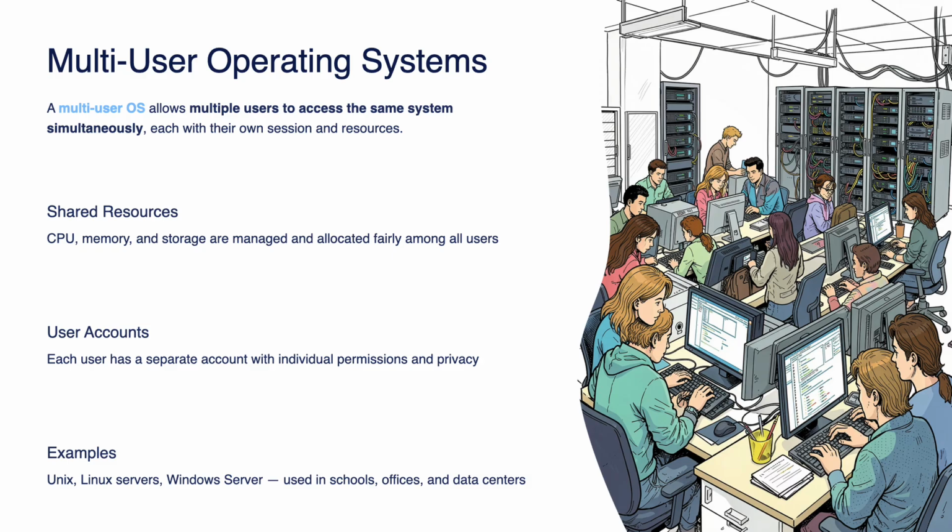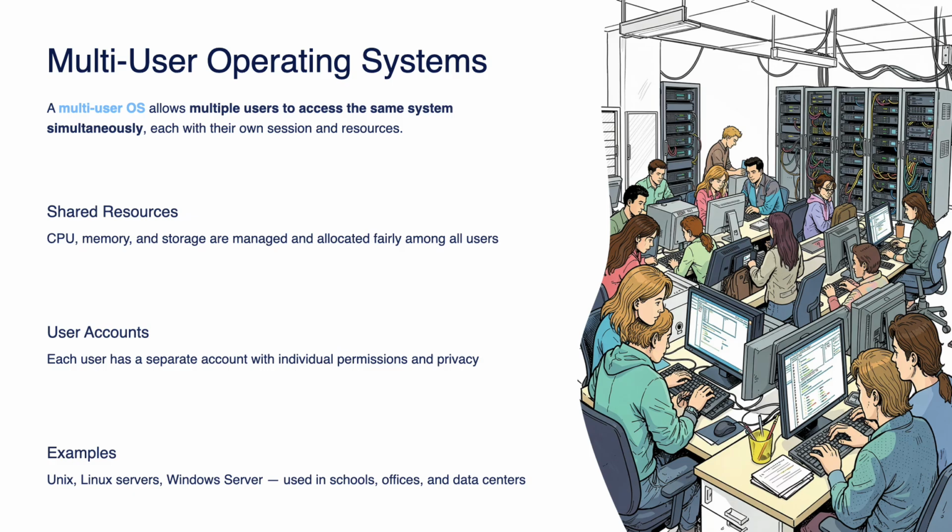Multi-user operating systems let multiple people use the same system at the same time, each with their own session and resources. Shared resources like the CPU, memory, and storage are shared fairly among all users. Each user has their own account with specific permissions and privacy settings.